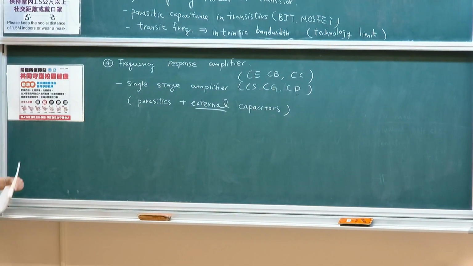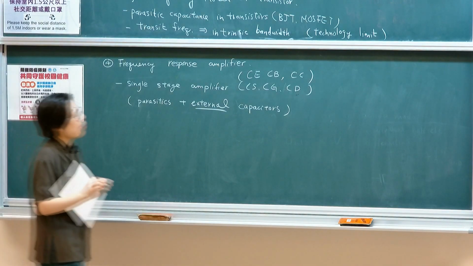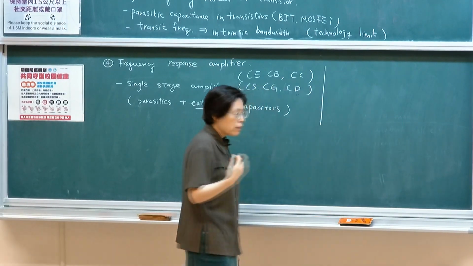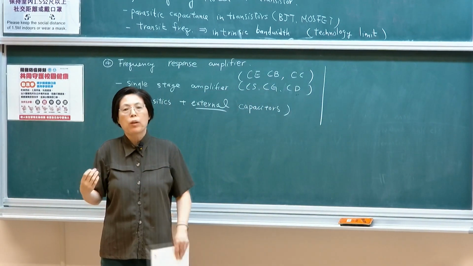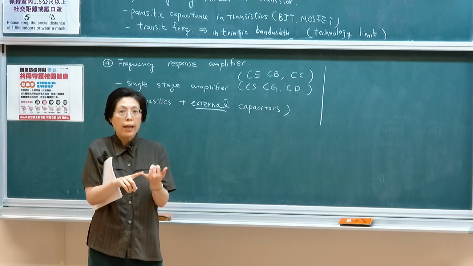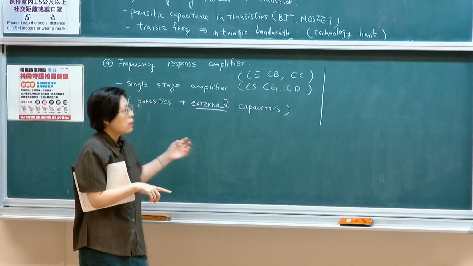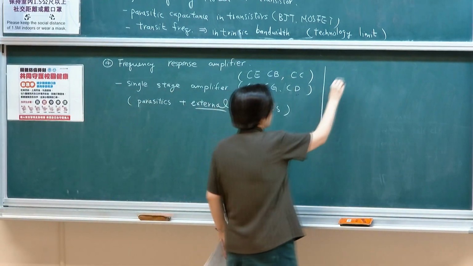Okay, so you consider all these components added, and how does it affect your overall response? Especially, typically what you will be asked to analyze in a single-stage amplifier is gain and input-output resistance. In this case, you want to get your transfer function.